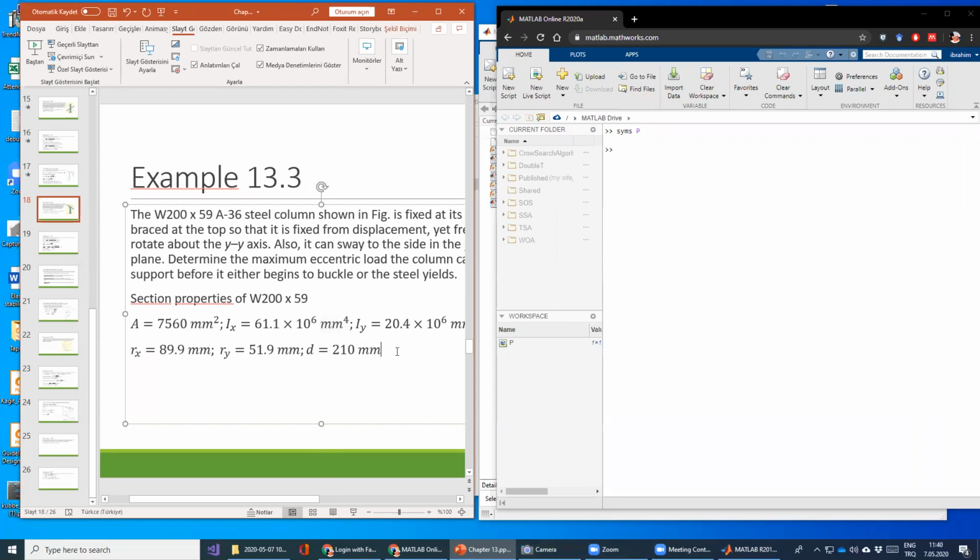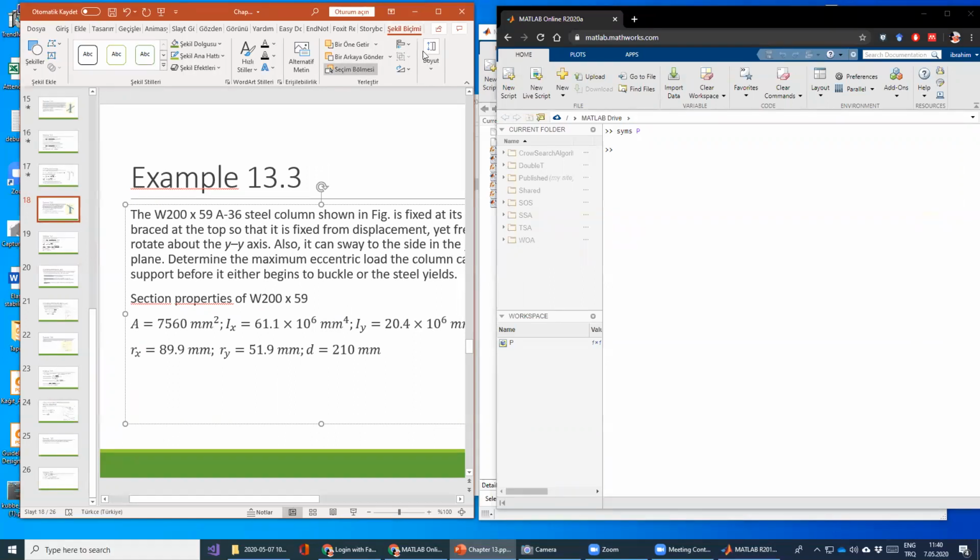Now I can say that, I can also add this. Write sigma yield stress is equal to 250 MPa, megapascal. Okay.